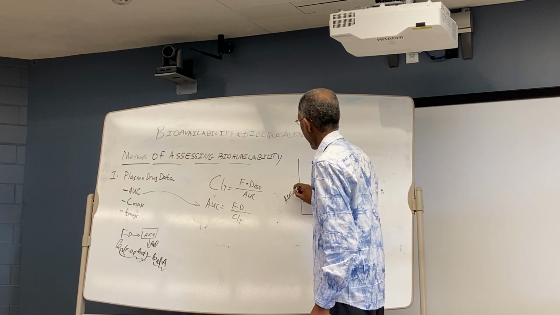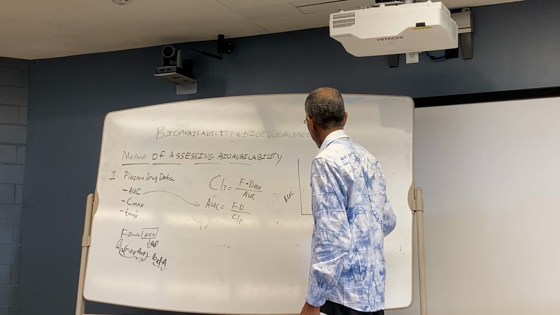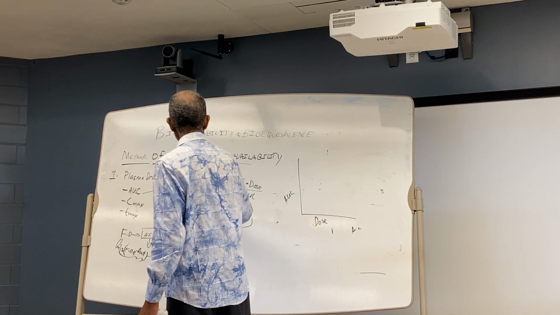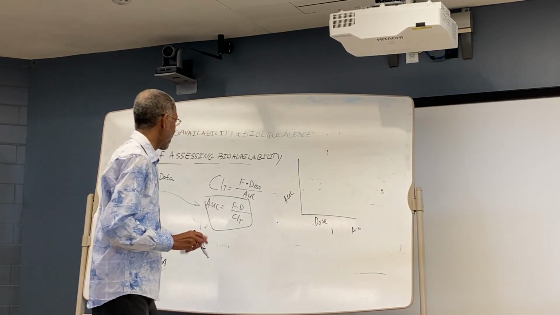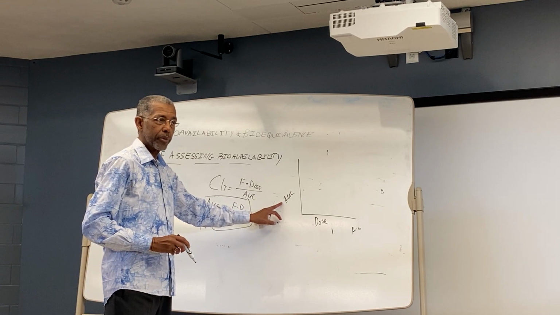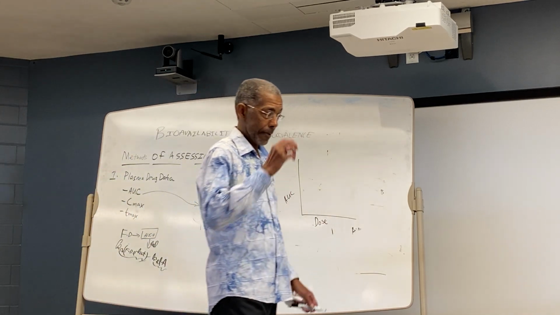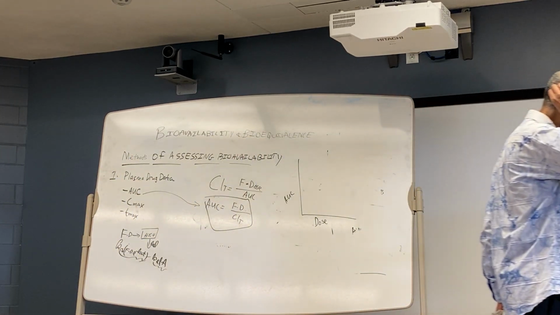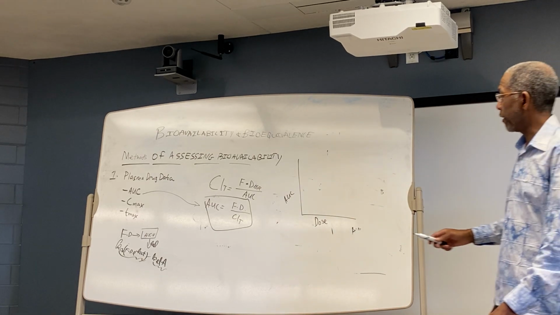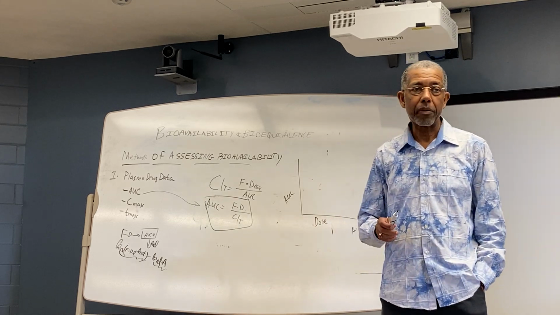If we looked at a graph of area under the curve versus the dose, based on this equation, with area under the curve from 0 to infinity versus the dose, what should that graph look like? Anybody? Describe it to me. What should a plot of area under the curve versus dose look like? I think we covered this one time in class.